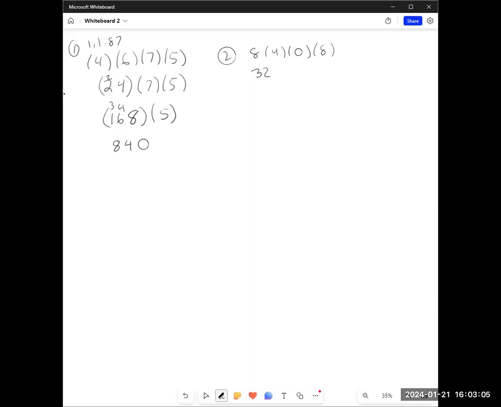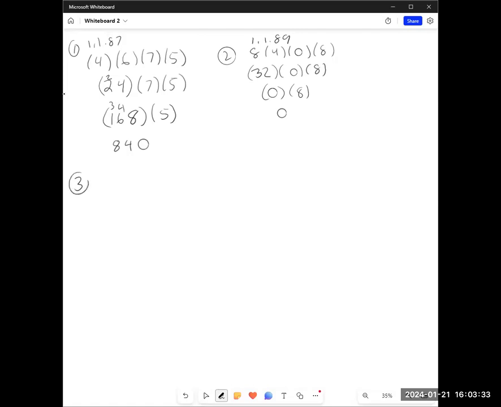This is going to be 32 times 0 times 8, which is 0 times 8, which is 0. So it doesn't matter where the 0 is in the list of factors. If I'm multiplying by 0, the answer is going to be 0. So that one is like 1.1.89.